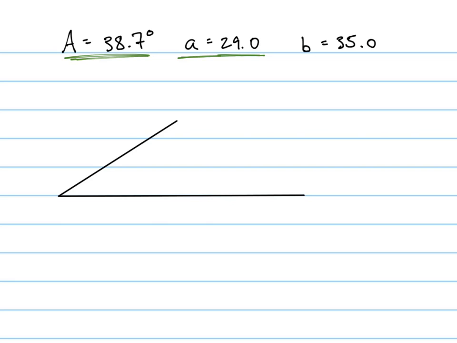Okay, and then I'm going to write in 38.7 degrees. So there's my angle A. Side A would be across from it, and side A, it says, is 29.0. So let's just draw it right there.